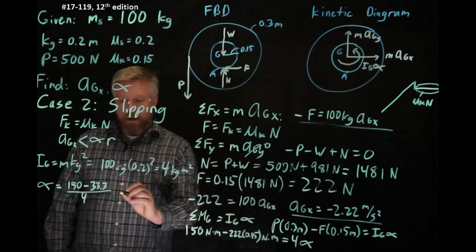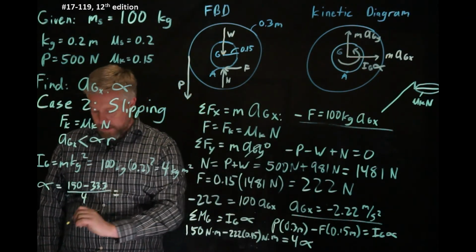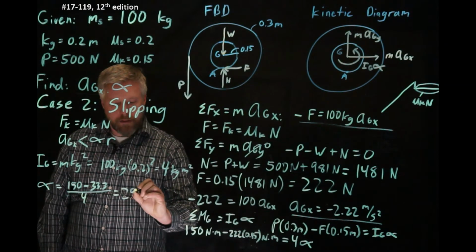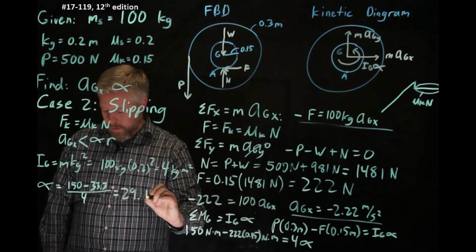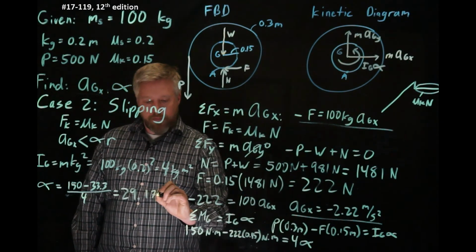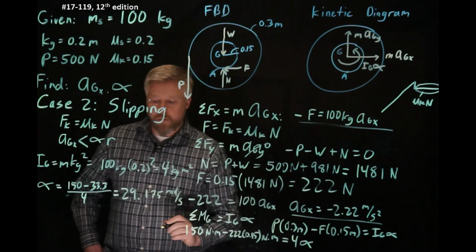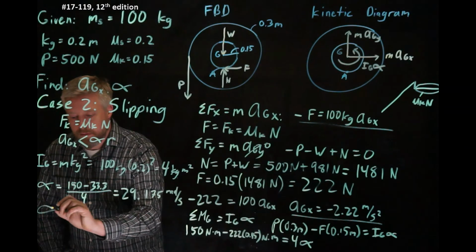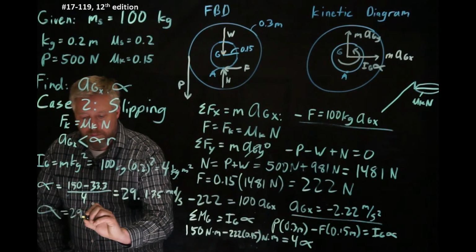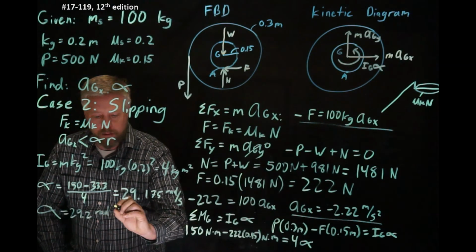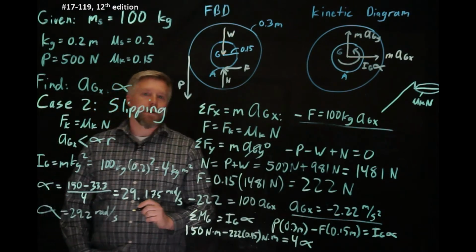And if you do that calculation, that's going to end up with 29.175 radians per second, which is equal to 29.2 or close to that. We'll do 3 significant figures.